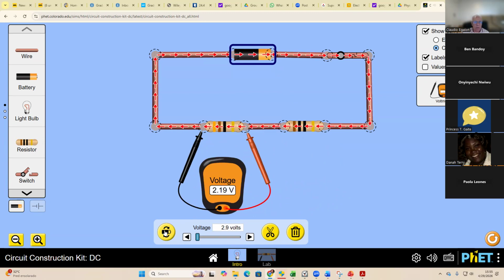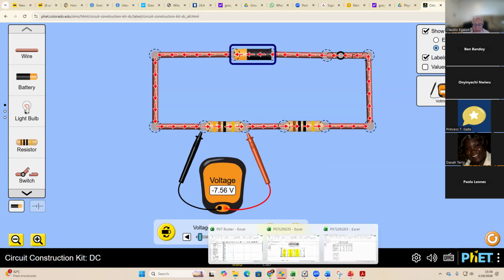And let's not forget, invert the polarity back and start all over again in the other direction. 2.9, 4, take the measurement, 6, 8, 10. Invert the polarity and repeat the whole measurement.